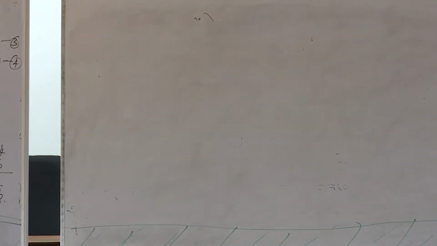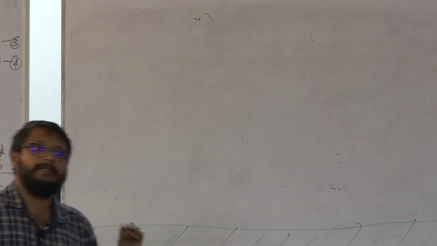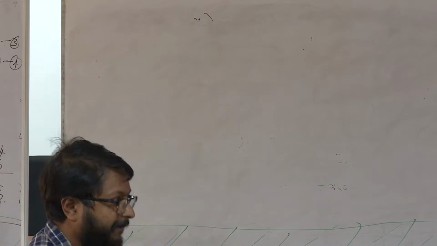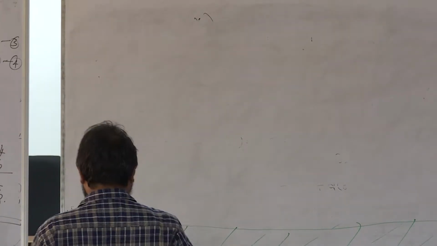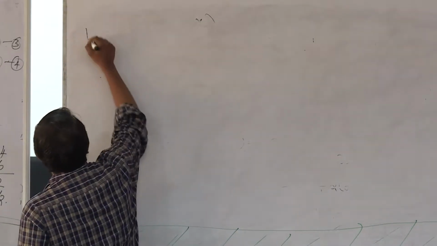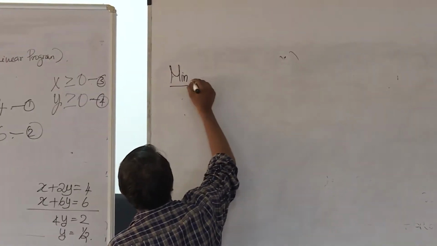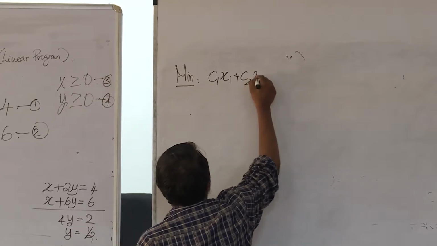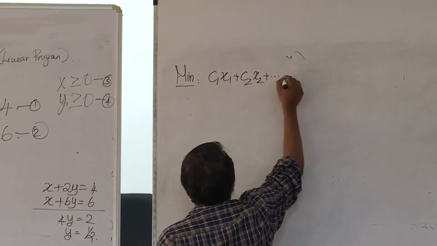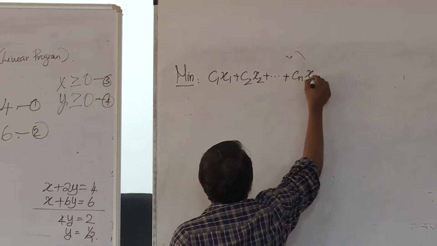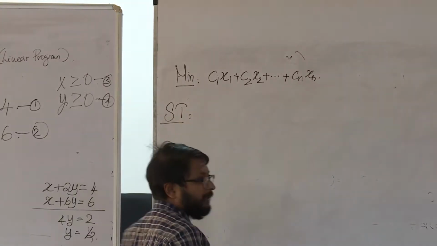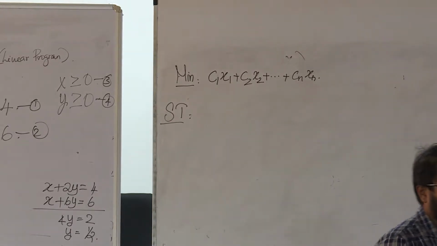No. So now let us look at the framework of a general linear program in n variables and m equations. Let us think of it. Okay. So you typically have something like this. Minimize, let us say, C1 x1 plus C2 x2 plus Cn xn subject to the constraints.